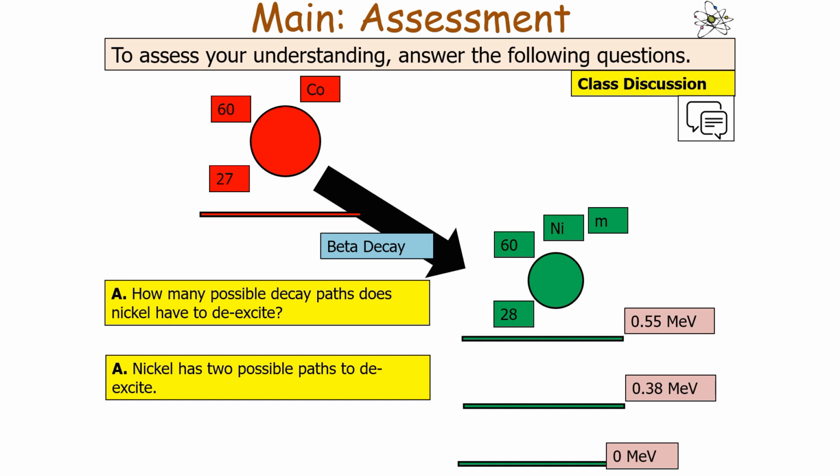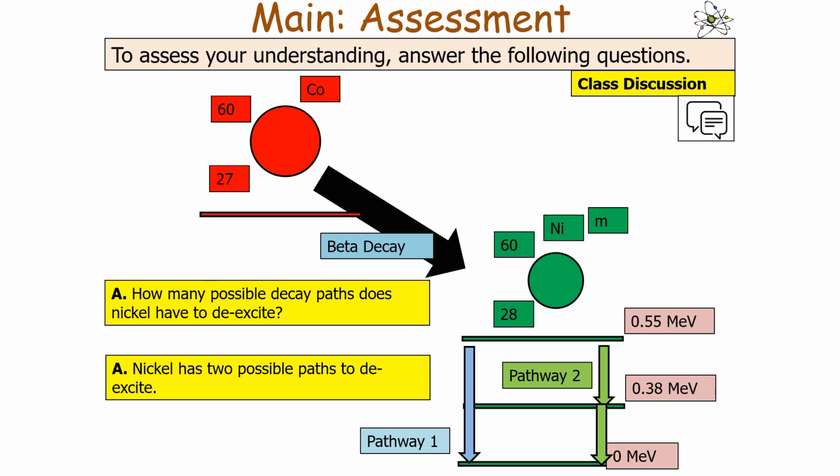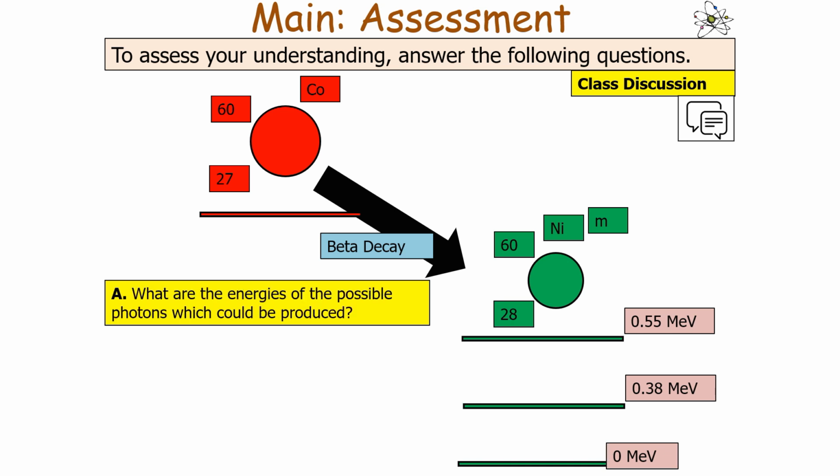It can either, in pathway 1, go straight from 0.55 MeV all the way down to 0 MeV, from your excited state to your ground state, or via pathway 2, it could do that in two steps. It could drop from 0.55 MeV to 0.38 MeV, and then from 0.38 MeV to 0 MeV. So the next question could possibly ask you, what are the energies of the possible photons produced in this particular decay process?